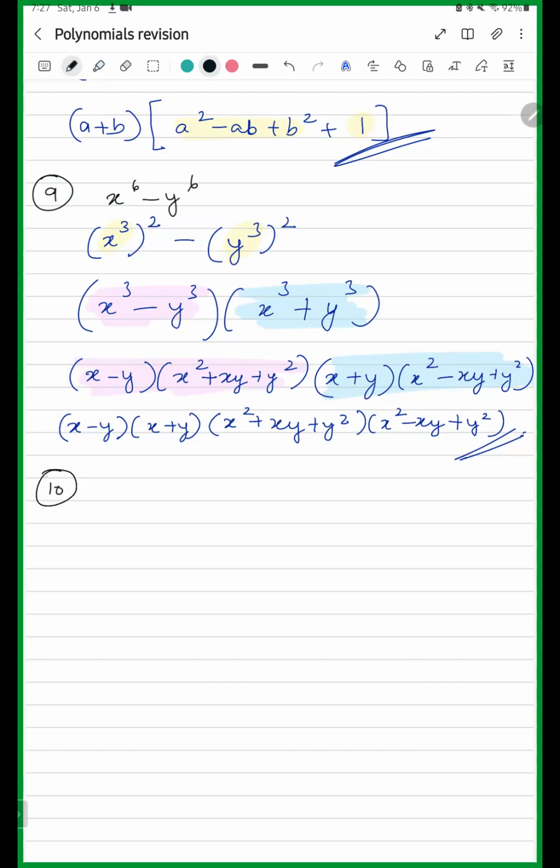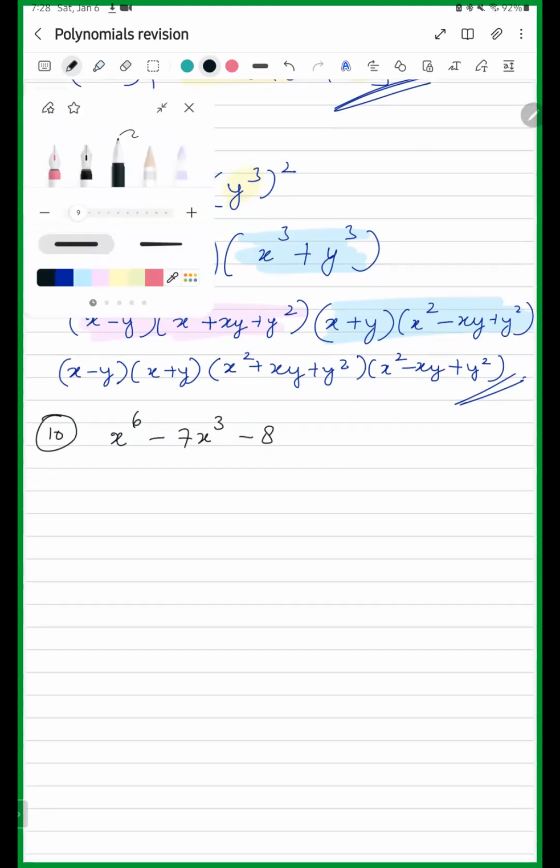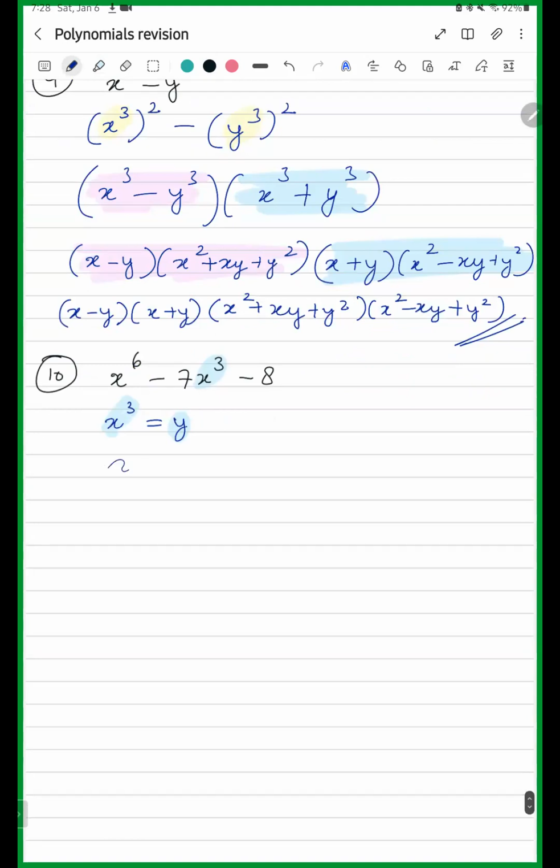Let's say you have a question x to the power 6 minus 7x cube minus 8. Again, this isn't a quadratic polynomial, but it can be made into a quadratic polynomial if you let x to the power 3 be equal to y. This can be written as x cube whole square minus 7 into x cube minus 8.